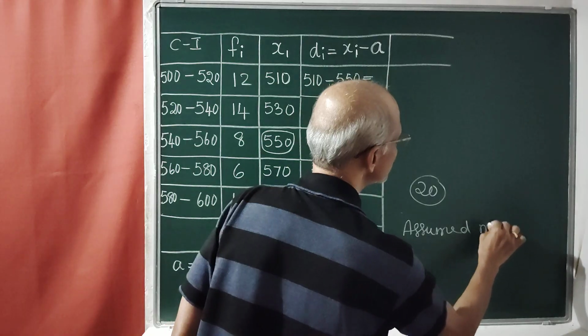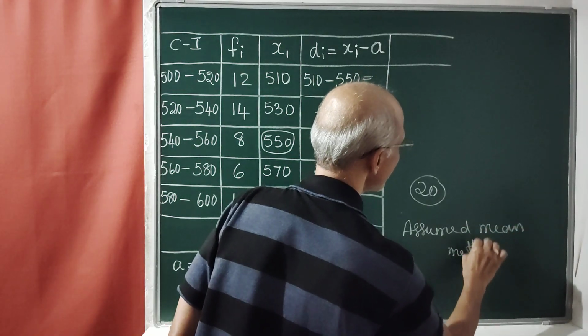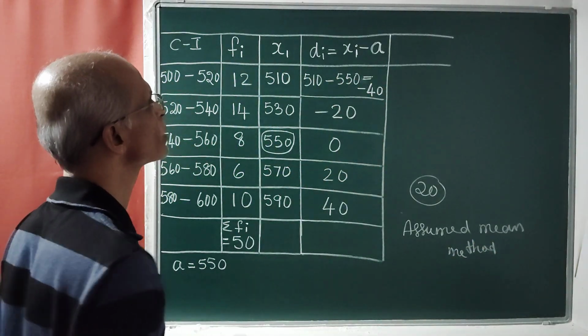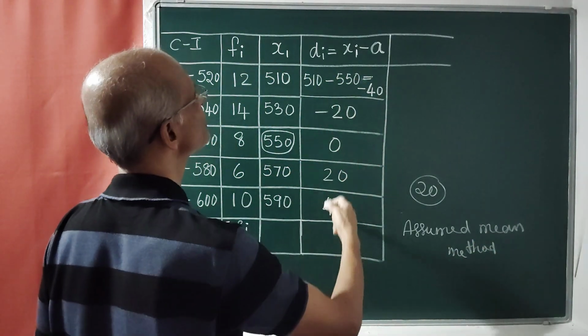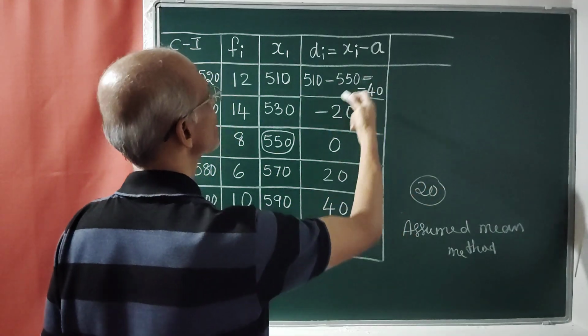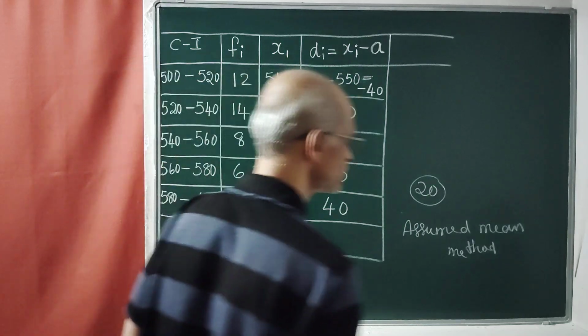Assumed mean method can be used only when there is no common factor for all the di's. In this case, we have got 20 as a common factor. So we have to go for step deviation method.